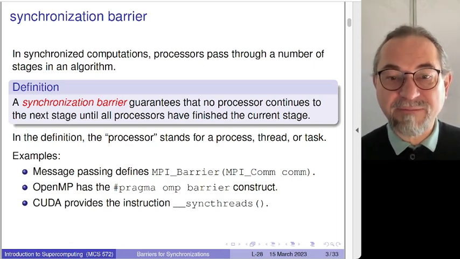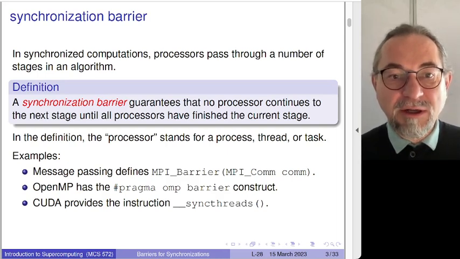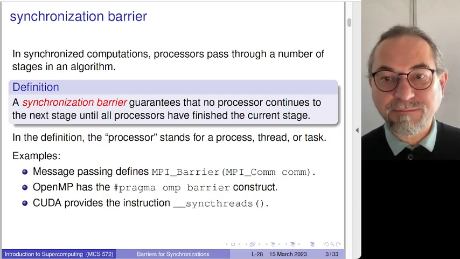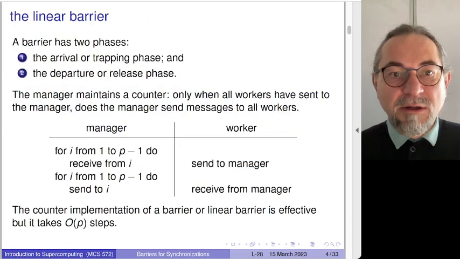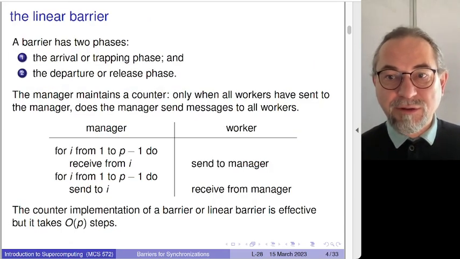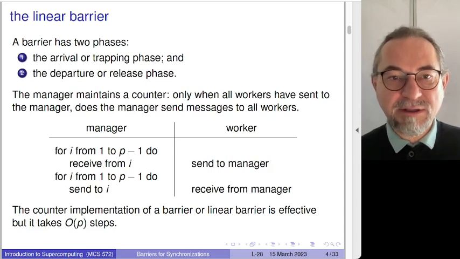That's a command that we have encountered as well. In the definition, a processor means either a process, a thread, or a task. The purpose of this lecture is to look into the algorithms that go into implementing a barrier.